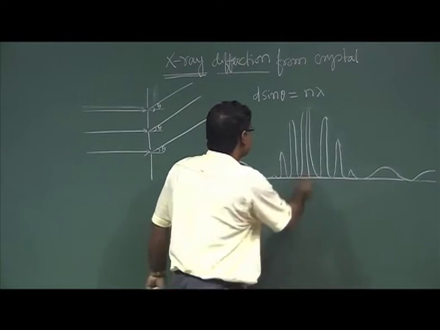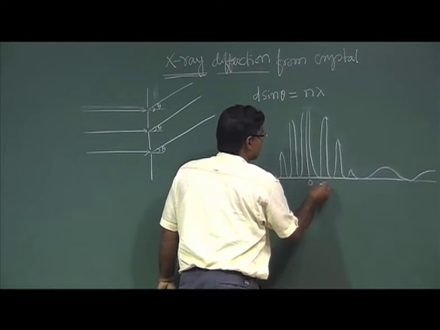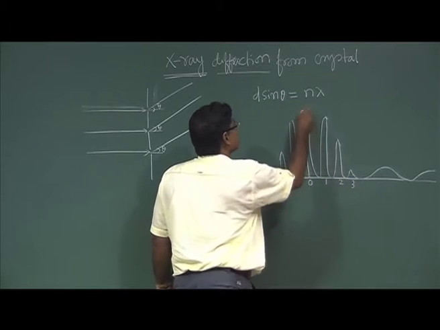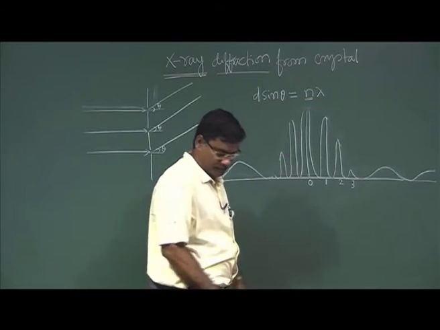So, intensity varies. This is the zeroth order, this is the first order, second order, third order. So, these are the values of n.